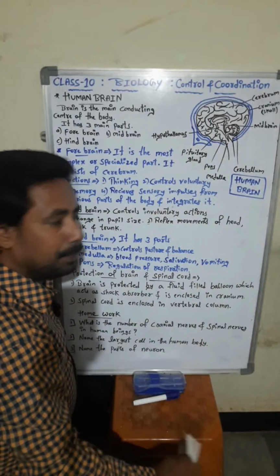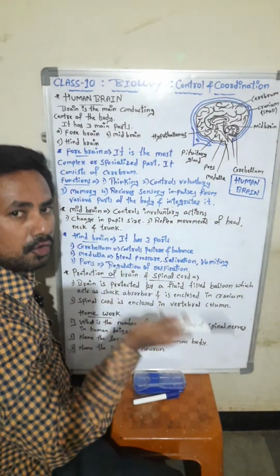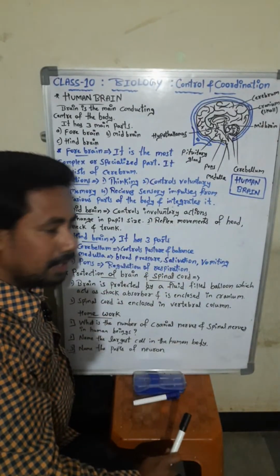The cerebrum, the forebrain. Is it clear? First one, thinking, a function of the cerebrum or forebrain. Second one, controls voluntary actions.